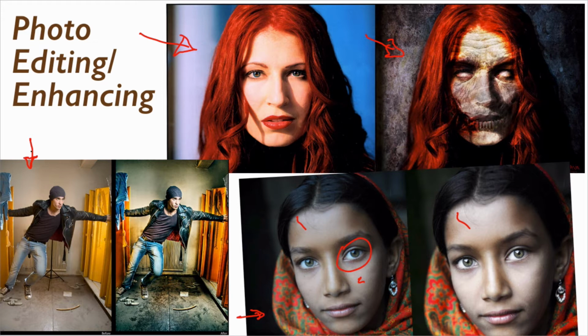So essentially nothing was added to this photo. No objects were added to create this dramatically different one. Instead, what was done is the dramatic alteration of contrast, lighting, and color applied selectively to different regions. So this is what you do with photo editing or enhancing.